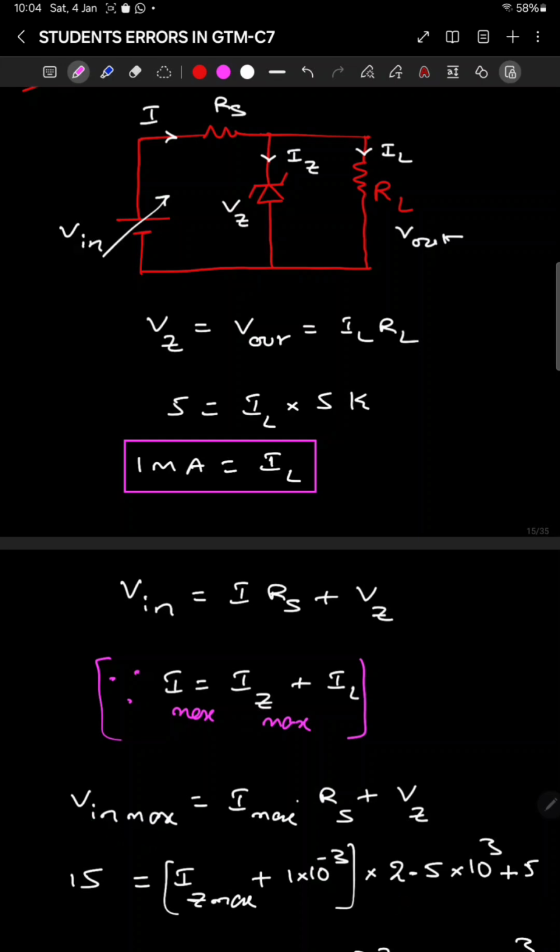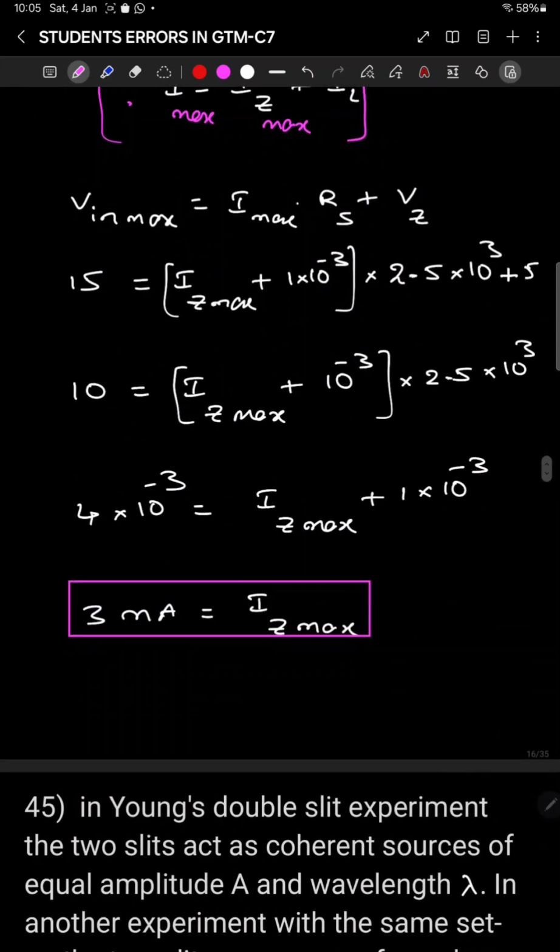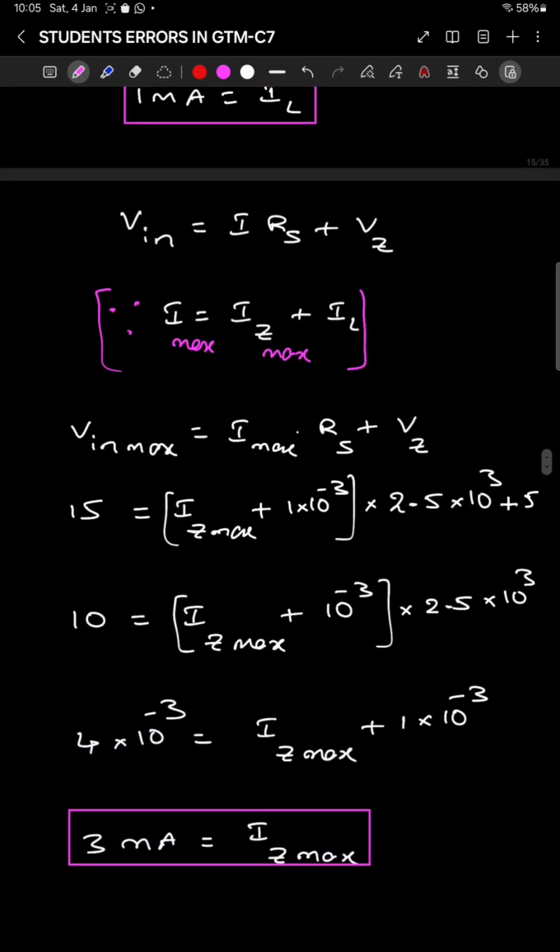We know maximum input voltage 15 volts equals maximum current, IZ plus IL, into RS, the series resistance value, plus VZ 5 volts. IZ plus IL value, substitute here 1 milliamp. From this you can find the maximum Zener current.